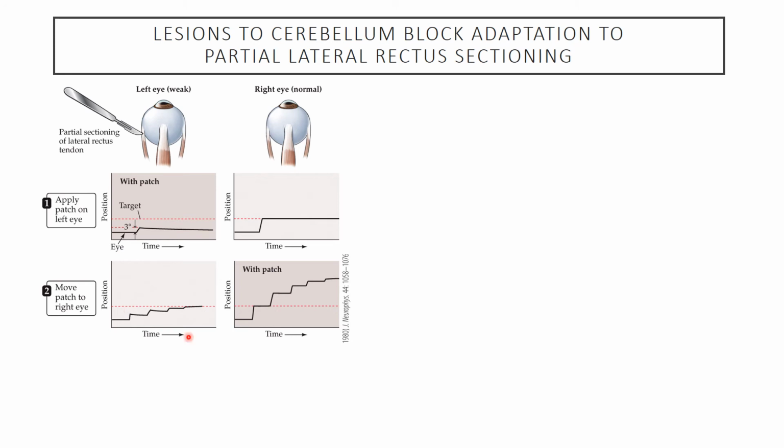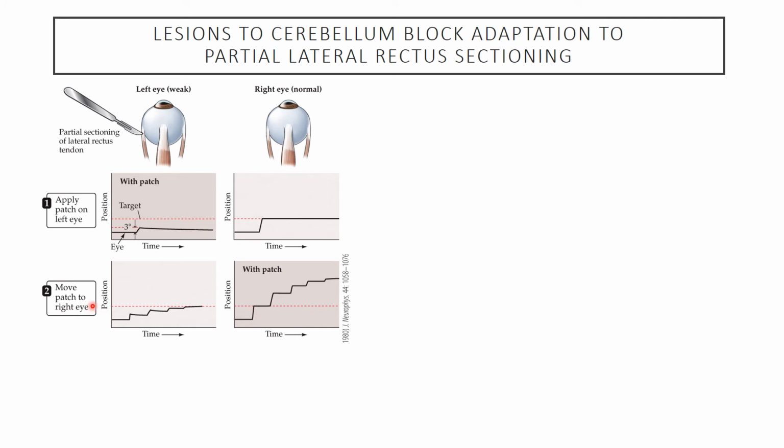Okay? But now let's see what happens when you move the patch to the right, so now we've covered up the right eye. The monkey is told, okay, here's a target, you've got to move. And the right eye hits its target, right? Because it's patched, and there's a signal that's sent that says, okay, this is where we need to move, from the superior colliculus, giving a motor output signal to say, move your eyes this much to the left.